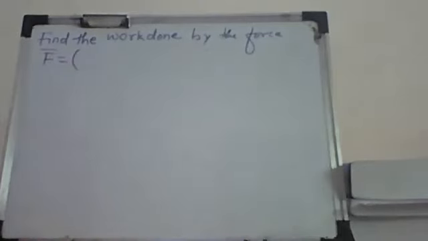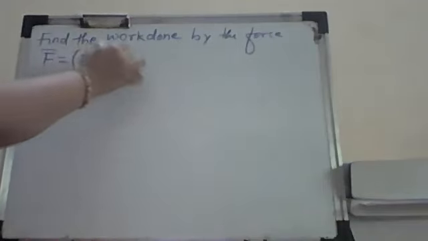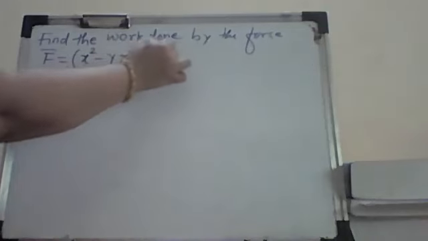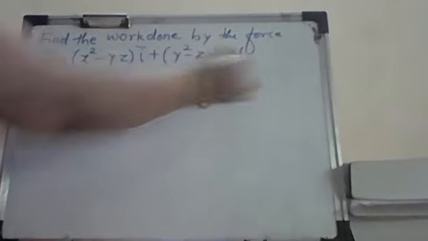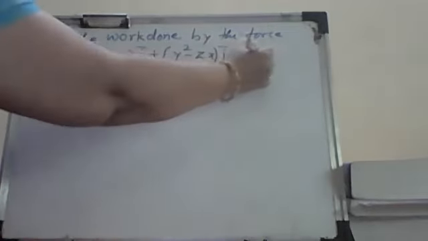F bar is given as (x square minus yz) i bar plus (y square minus zx) j bar plus the last term (z square minus xy) k bar.